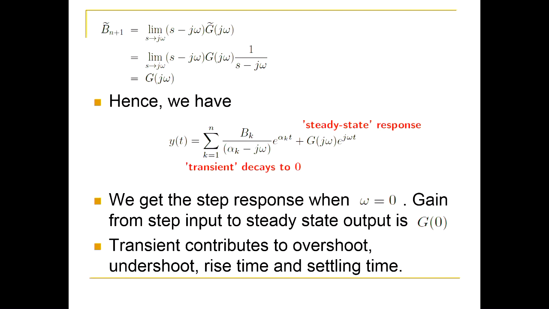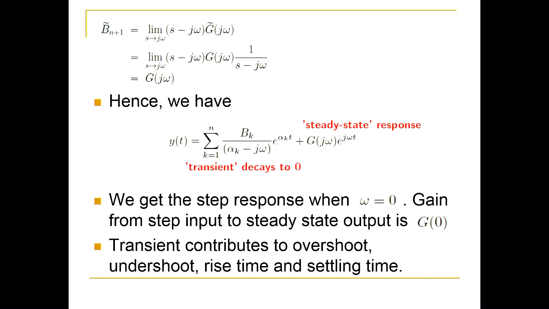By the way, you can get the step response from all these calculations when omega is equal to 0, because for a step response, the frequency of that signal is just 0. It doesn't oscillate, right? So that's an interesting thing. By the way, transients, all this part, contribute to overshoot, undershoot, all of these things that we talked about, rise time, settling time.